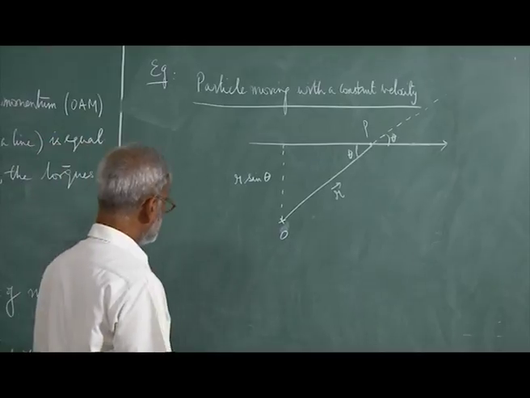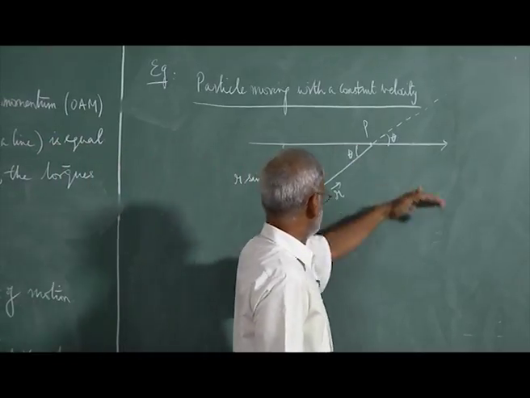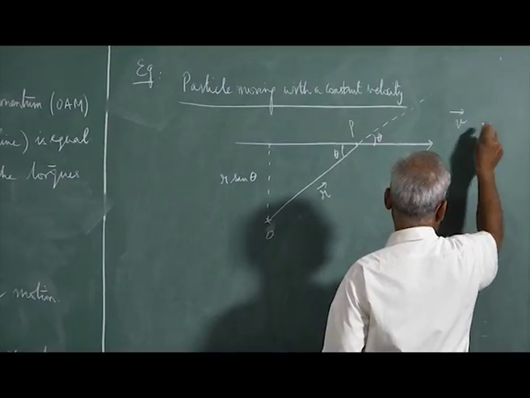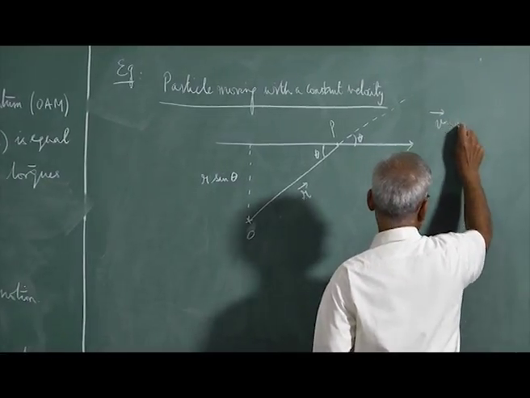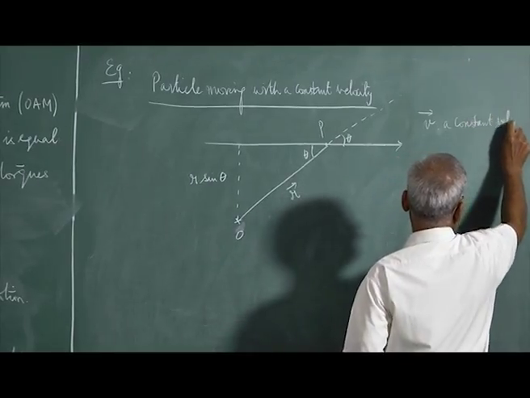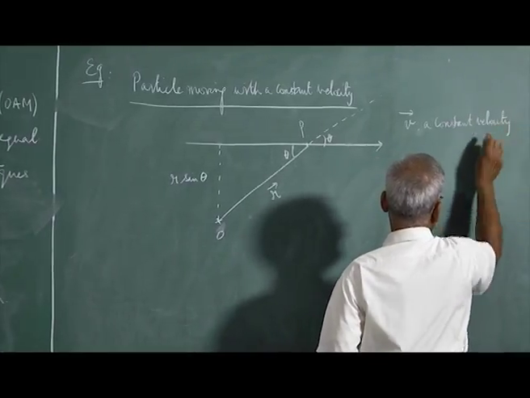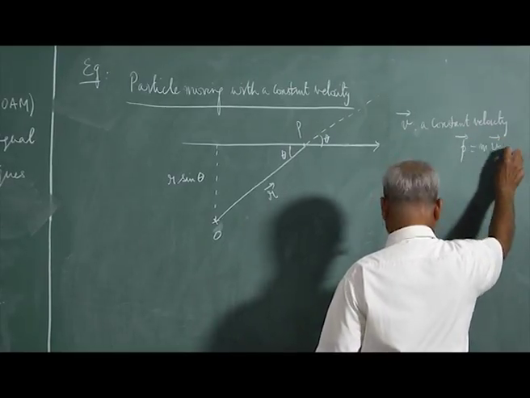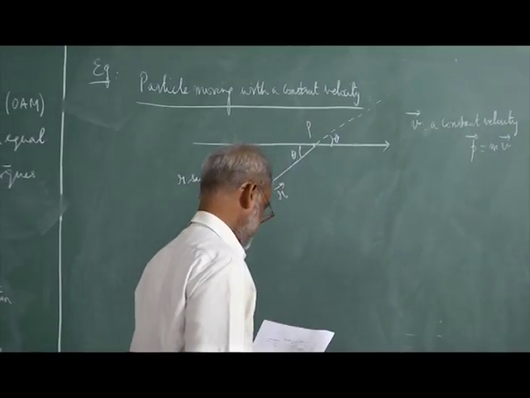All right. So, the description is like this: a particle is moving with a constant velocity v. Therefore, its momentum is m into v, that is fairly simple.